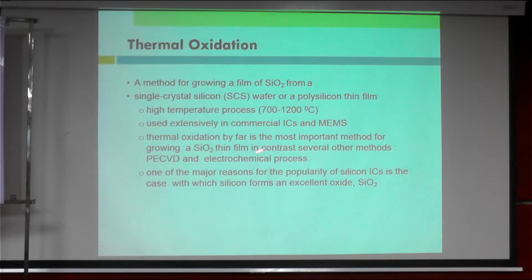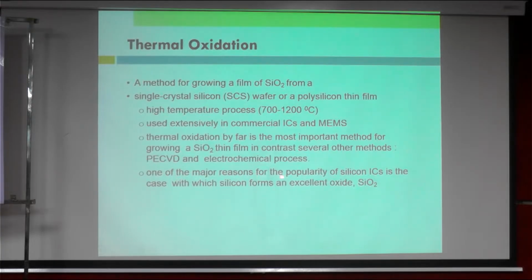So basically, we can obtain silicon dioxide through processes other than thermal oxidation, but thermal oxidation is the most used process to obtain silicon dioxide, and maybe I can say, the easiest and cheapest method.